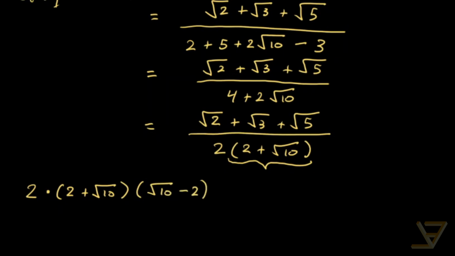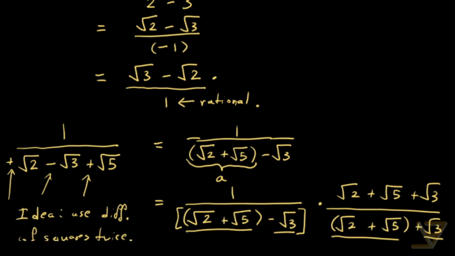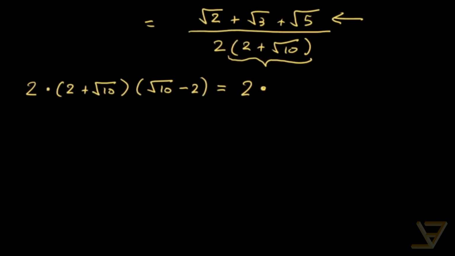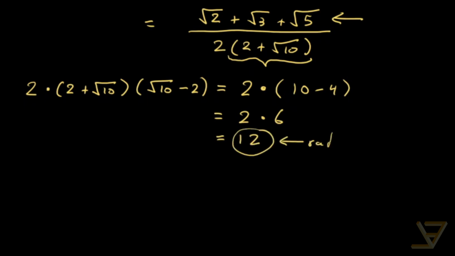That way we can avoid a negative. And you're going to be multiplying the top by the same thing. I'm just not going to show it. We get 2 times 10 minus 4, and that equals 2 times 6, and that equals 12. And that is indeed rational.